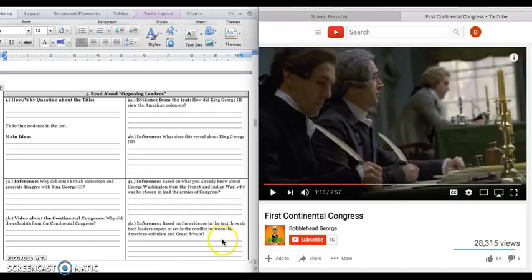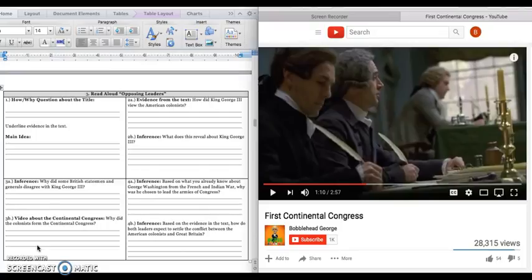They talked about boycotting, and they talked about refusing to buy the British goods, writing King George III a letter, things like that. So in 3B, you would write down the Continental Congress met to determine how to peacefully settle their disagreements with Great Britain. Press pause to write down your answer and play when you're ready for 4A.